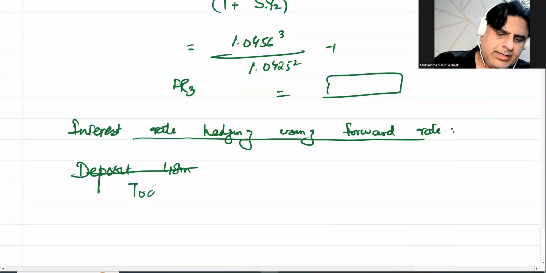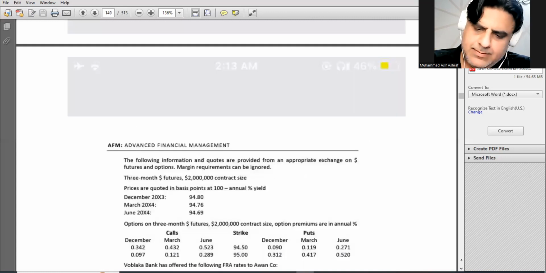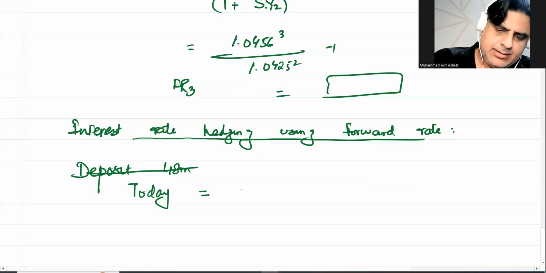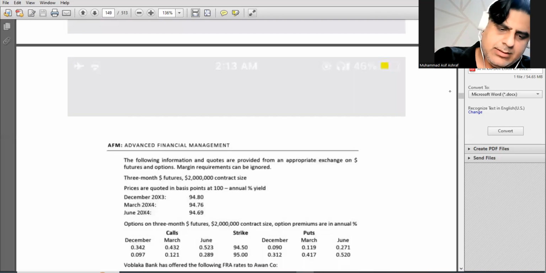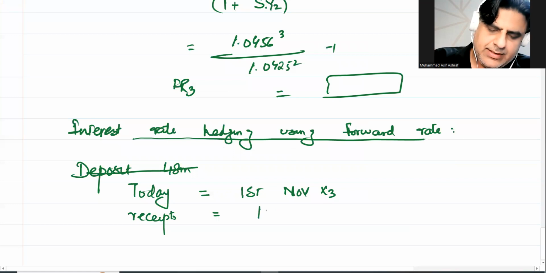Now let's see like this one. First of all, what is the date today? Assume it is 1st of November X3. You are going to receive on 1st of February X4.